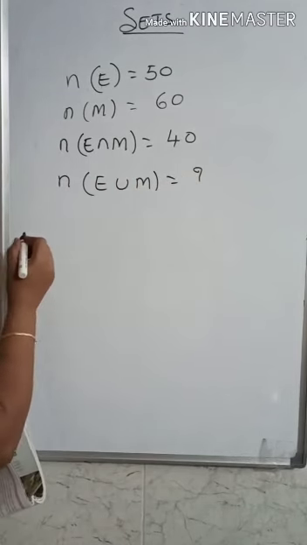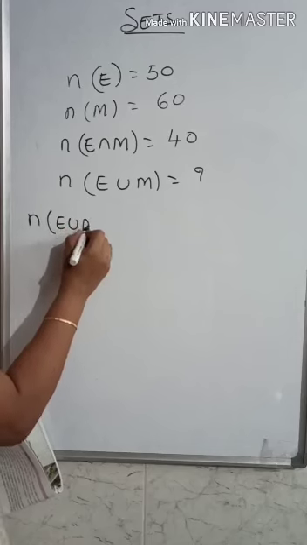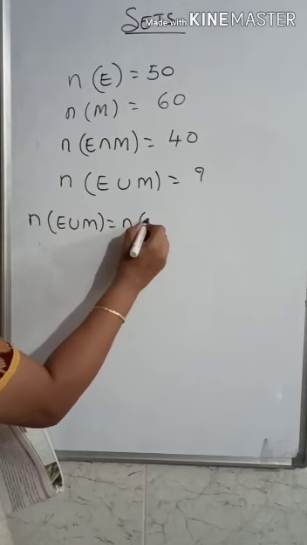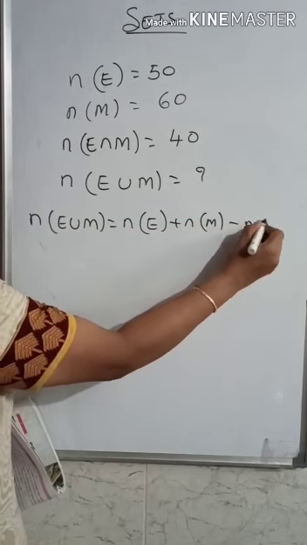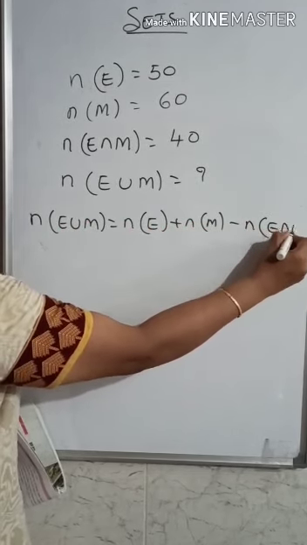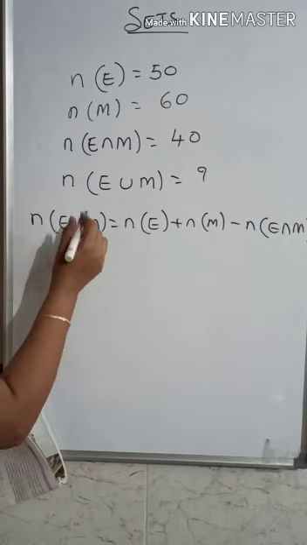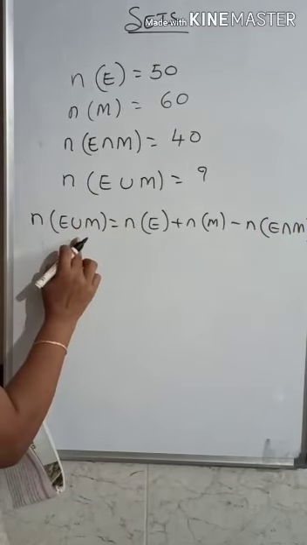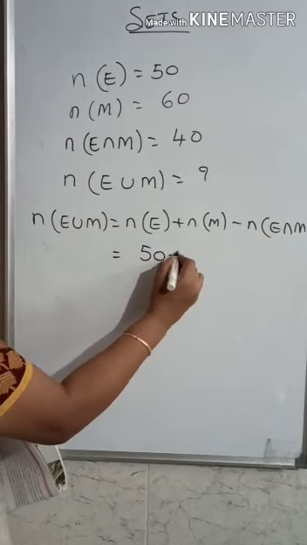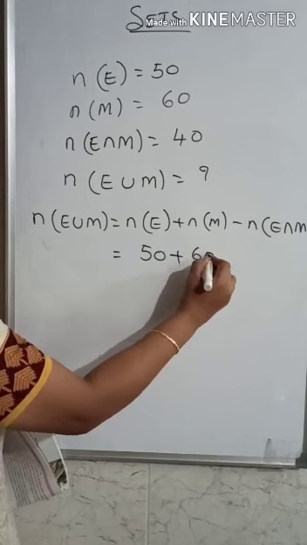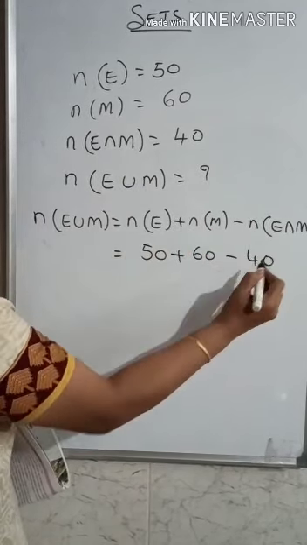Now the relation formula you have got is n of E union M is equal to n of E plus n of M minus n of E intersection M. Now substituting the values you have to find out E union M. So n of E is equal to 50 plus n of M is equal to 60 minus n of intersection is 40.